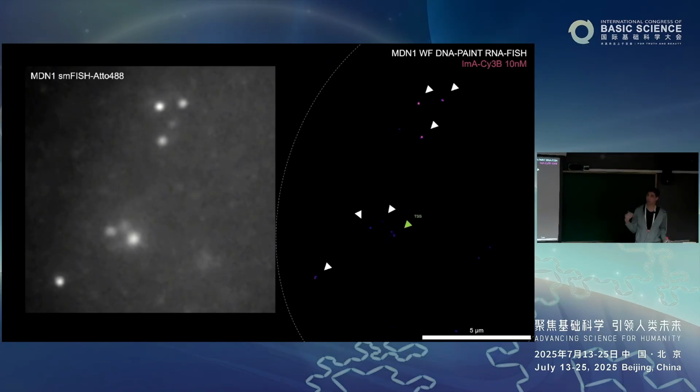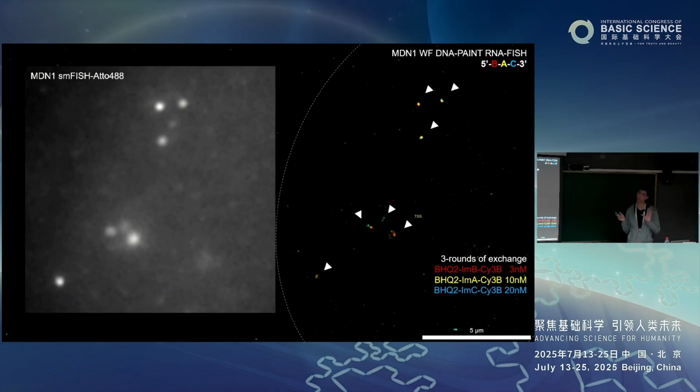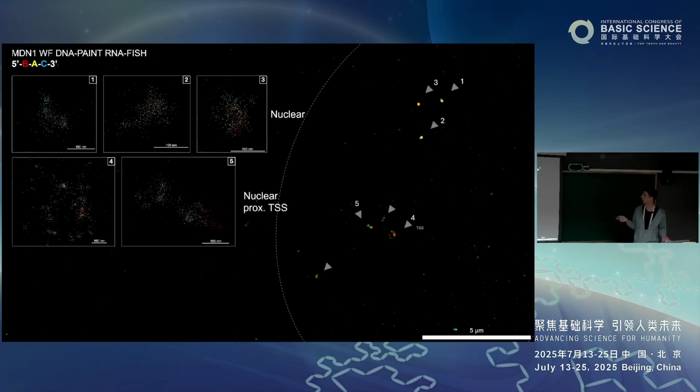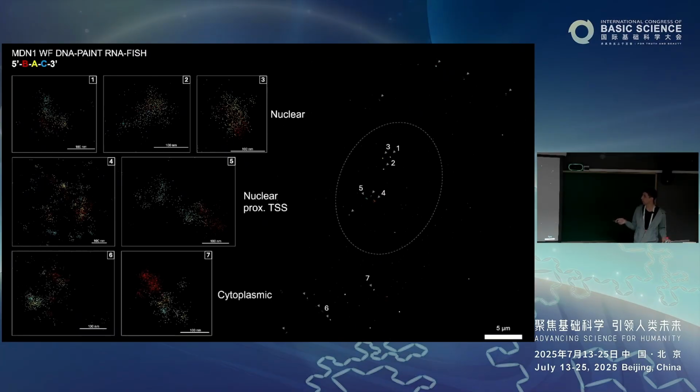But if we can make rounds of images, and we can paint different sections of the mRNA with different probes, we start to get a bit of structure. So what you see here is wide field super resolution of mRNA in the nucleus, or proximal to the transcription site, which is a bit more messy, or even in the cytoplasm, where we find it to be more extended.